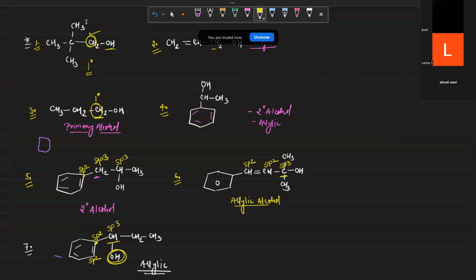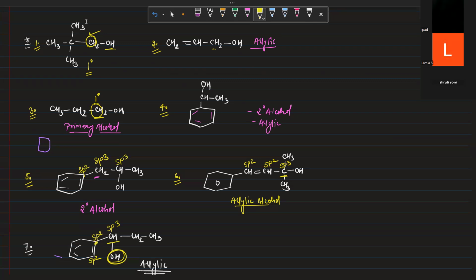Number four is allylic. Okay. OH group is attached to sp2.